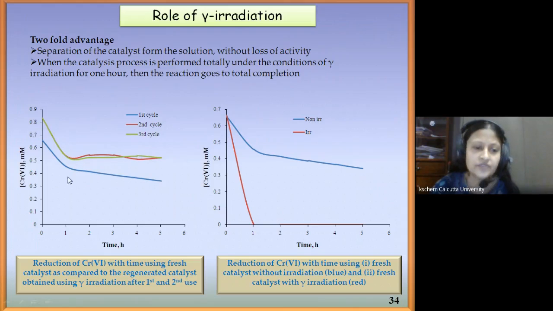So if for the first cycle, that is just after adding the chromium 6 solution to the palladium quantum dot solution, we irradiate, then the reaction goes to completion with the irradiated solution, as well as we can regenerate the palladium quantum dot for the second and third cycles. So it is always beneficial to irradiate at the first cycle, and irradiation always comes to help.